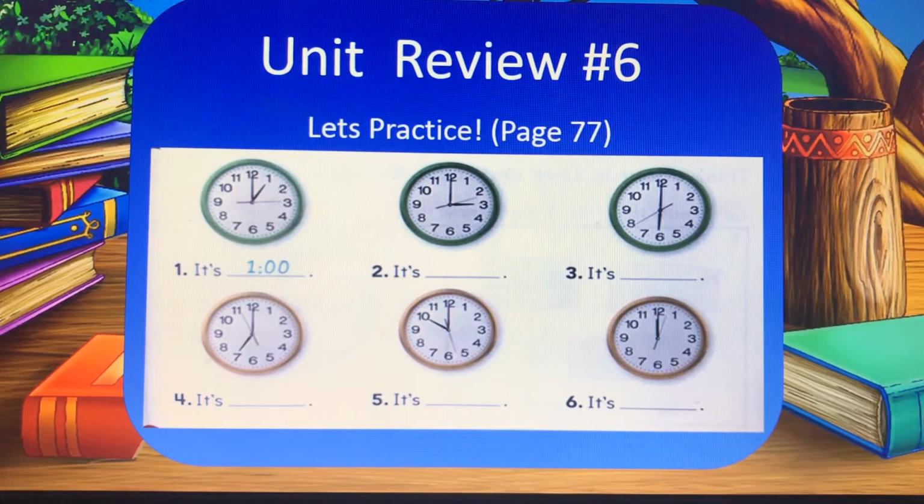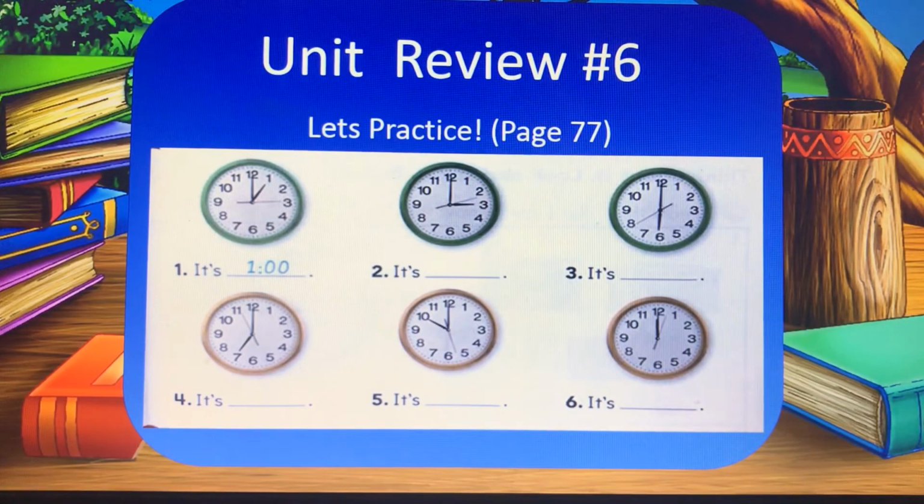So in number 1, we can see that the minute bar is in number 12 and the hour bar is in number 1. That means it's 1 o'clock. Let's look at number 2. The minute bar is in number 12, but the hour bar is in number 3. This reminds me of the clock that we just saw. That means it's 3 o'clock.